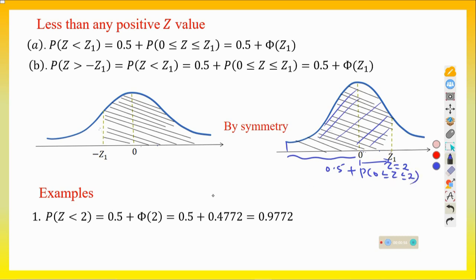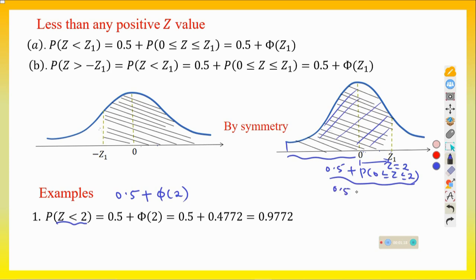So if I'm dealing with a less than, simply know that if you have p of z less than 2, it will always be 0.5. No, that one is addition. If it is a less than, that will be 0.5 plus the table reading of 2. But that one comes from this expression here.